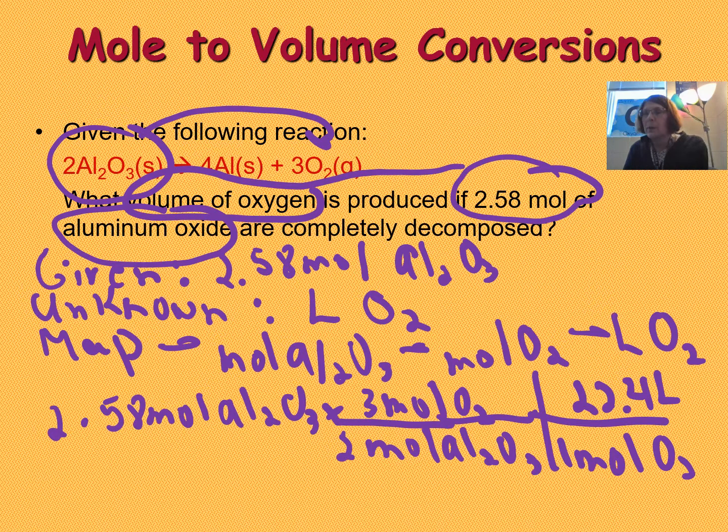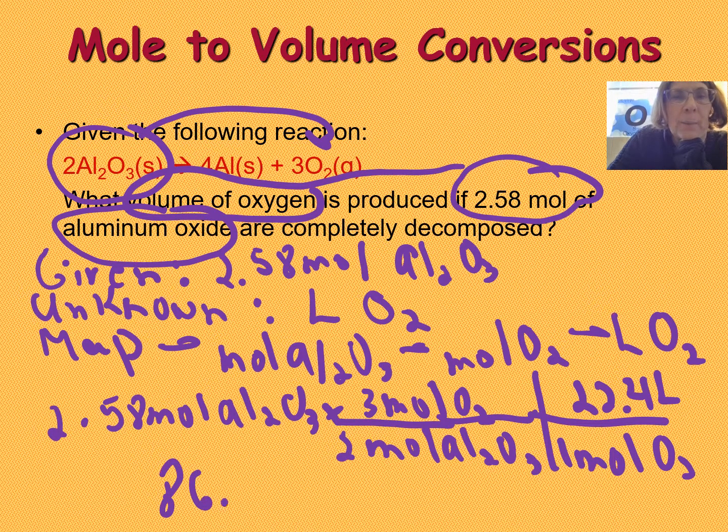Okay, so we end up with 86.7. We're rounding it, 86.7 liters of O2. And that should be our answer.